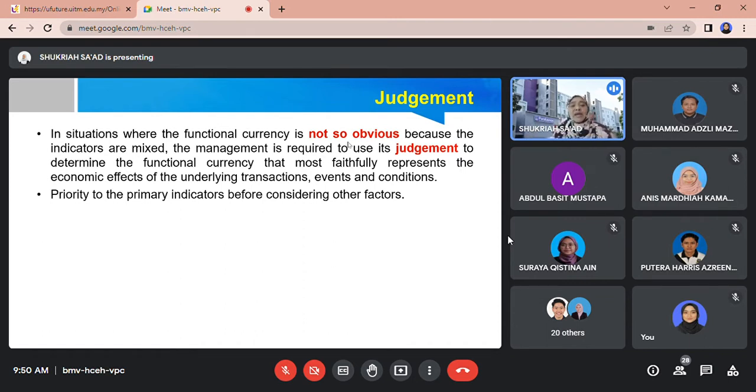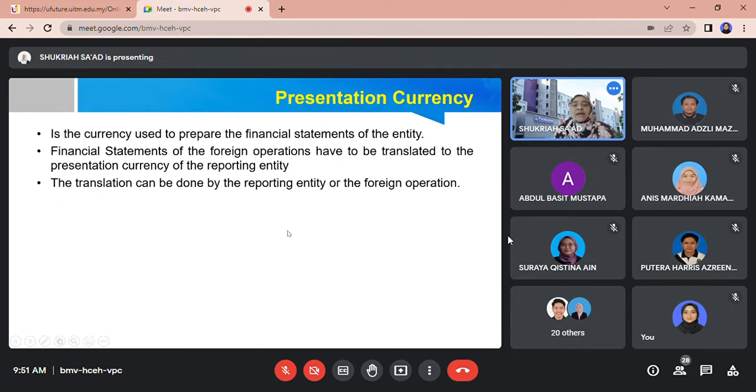So when we have the situation where it's not easy to determine the functional currency, so kata guna judgement. Bila guna judgement, priority kepada primary indicators before considering other factors. This is presentation currency, the currency used to prepare the financial statement of the entity.